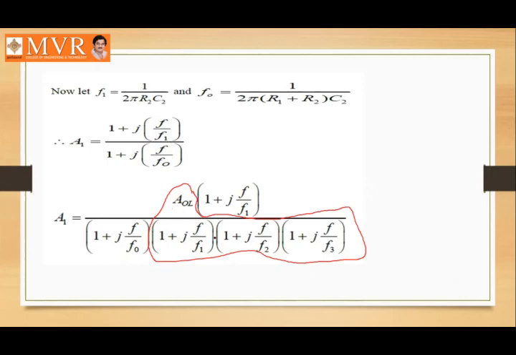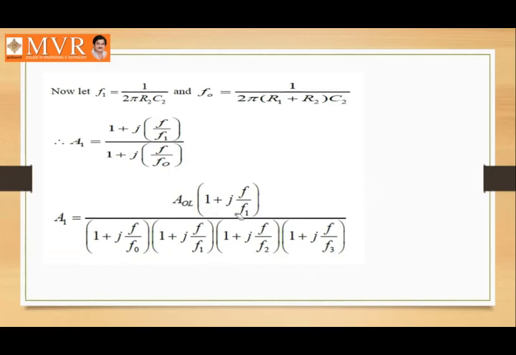Then we combine it with the gain of the compensation network to obtain this equation.